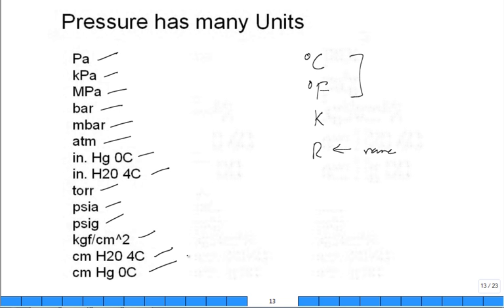It goes on and on. This is not an exhaustive list. There's more than 4. Pressure often is where a lot of students will make unit conversion problems. So please start to get very familiar so you can avoid errors on exams as well as in practice with pressure.